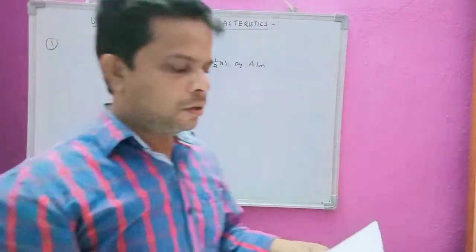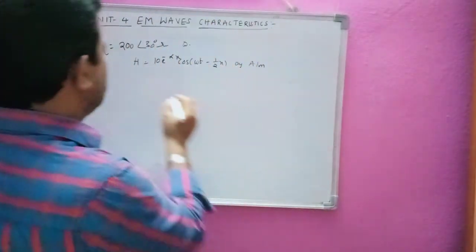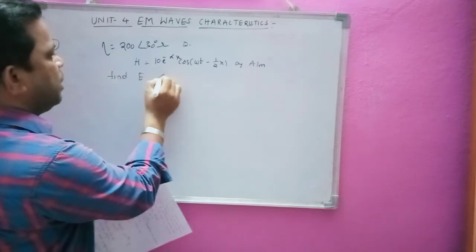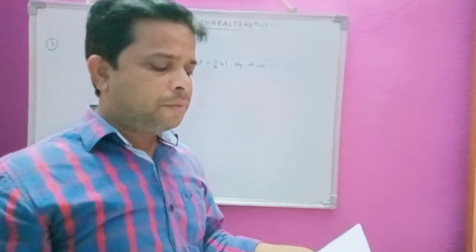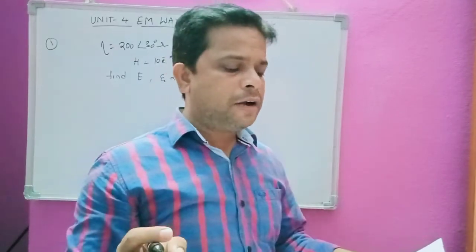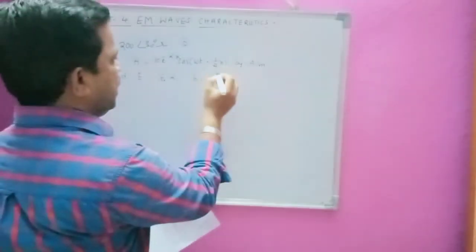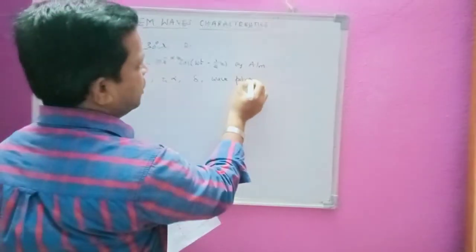So find E and alpha, that is he is asking to find E, means we have to find E and alpha here. And determine skin depth and wave polarization. Skin depth means delta, we have to calculate delta, and wave polarization. So these are the things we need to find here.